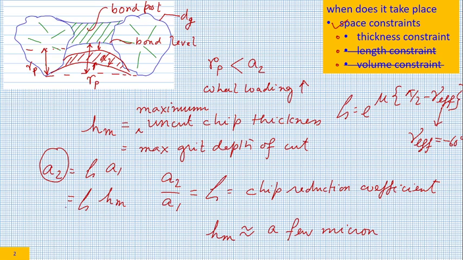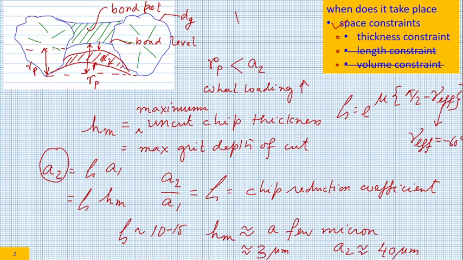I believe you people have calculated zeta earlier in case of grinding, and it used to be around 10 to 15. So if HM is 3 micron, then your A2 could be very well 40 micron or so. So the protrusion, if it is less than that, then you have a problem.